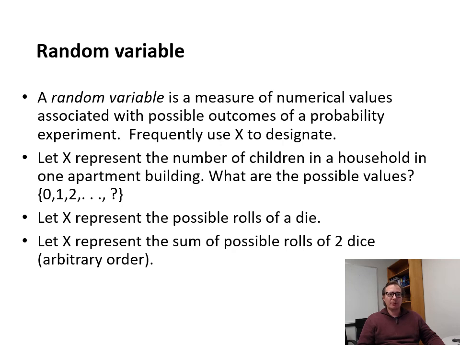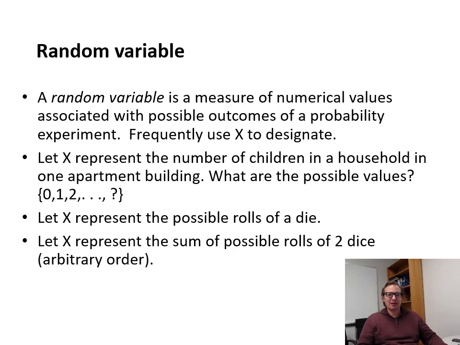A random variable is a measure of numerical values associated with possible outcomes of a probability experiment. We typically use X to designate a random variable. As an example, X can represent the number of children in a household in one apartment building, and then the possible values for X can be drawn from a set such as 0, 1, 2, 3, 4, and so on.